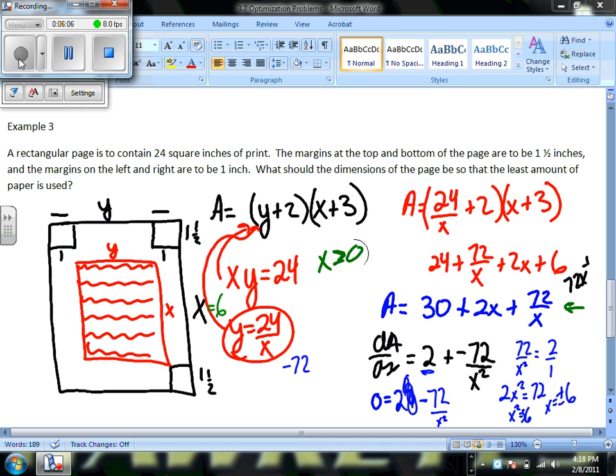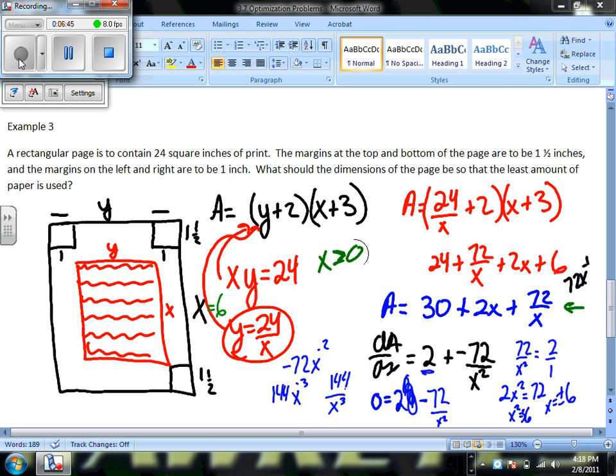So negative 72 x to the negative 2, bring down my negative 2, so I'll have a positive 144 x to the negative third power, so 144 over x cubed. If I plug 6 in there, you cube 6 and divide, you have a positive over a positive, so I'm going to get a positive. The second derivative test tells us that if we have a positive number, we're going to have a minimum for our extreme. So we just confirmed that 6 is a minimum. So we found that x equals 6.